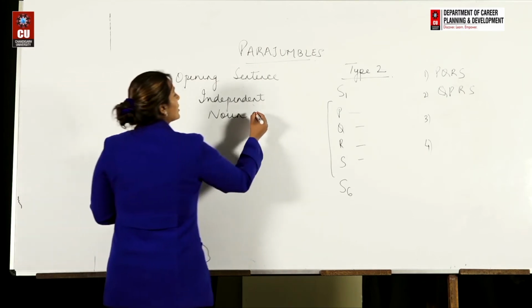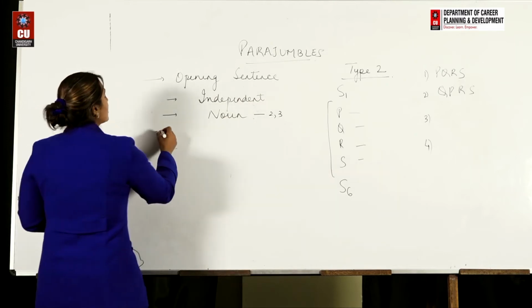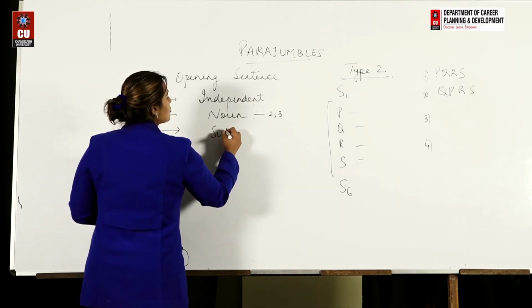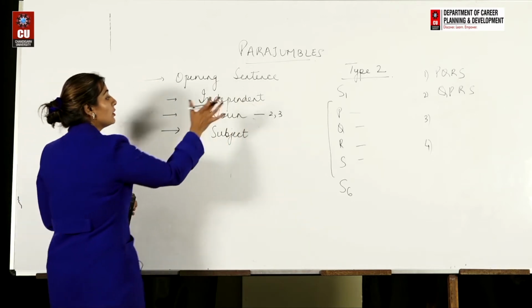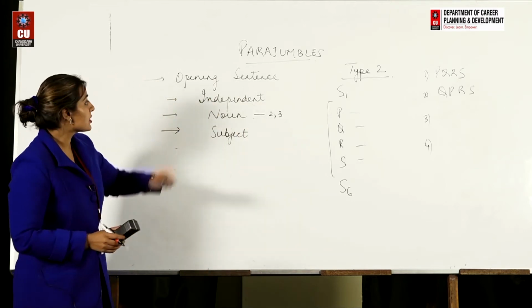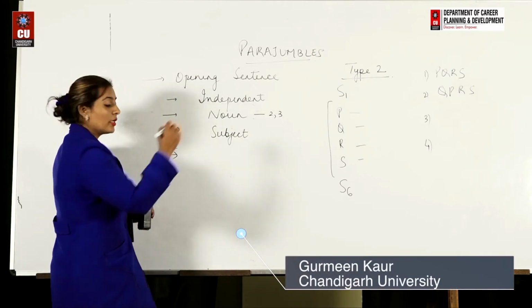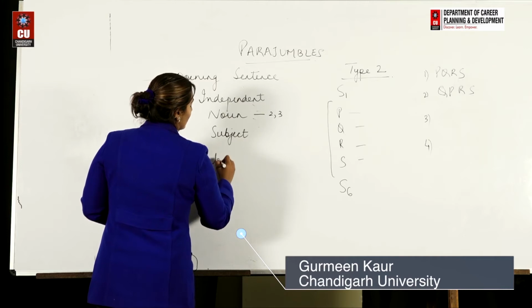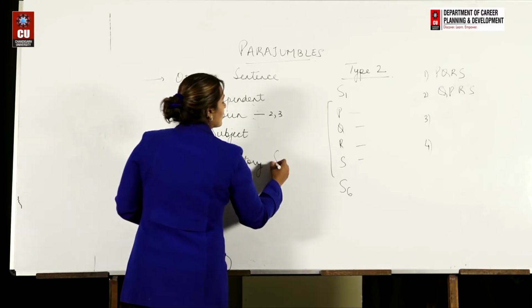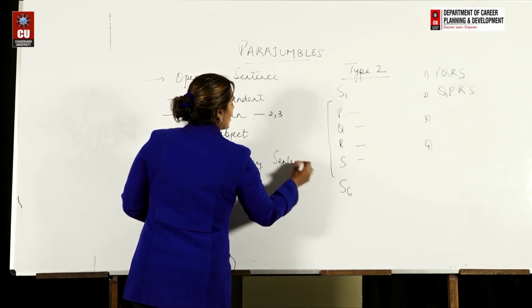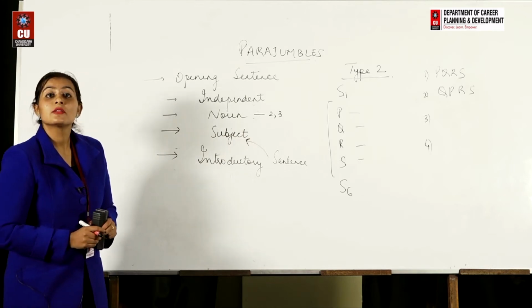Alright, so we'll look at the noun. Now if I've looked at nouns, for example, there are 2 to 3. We need to look at which is the subject on which we are talking, on which we are discussing. And then we need to look at the introductory sentence, which introduces a subject.